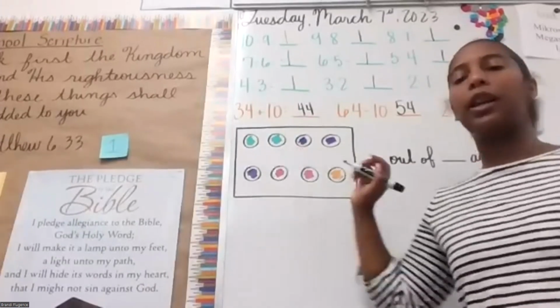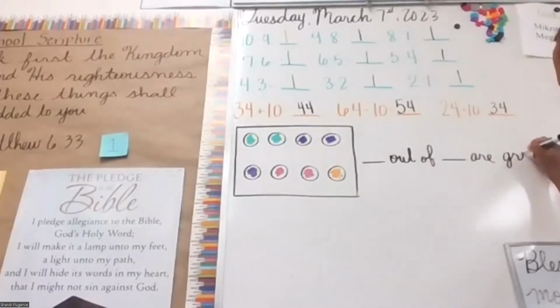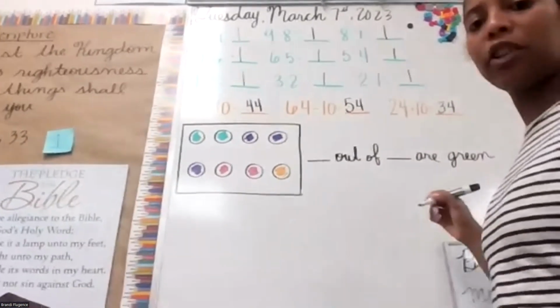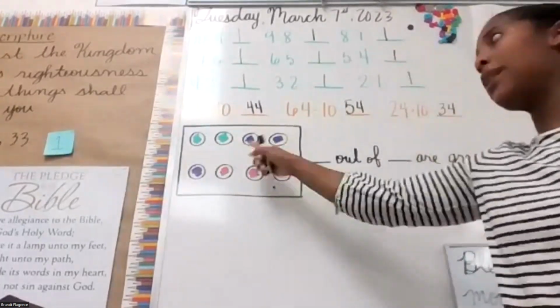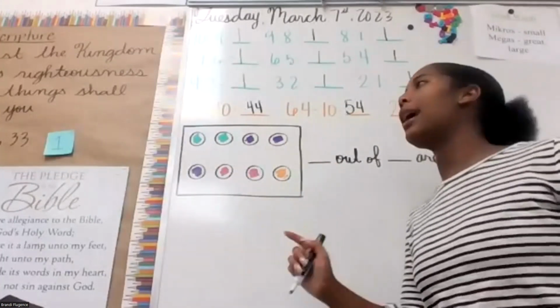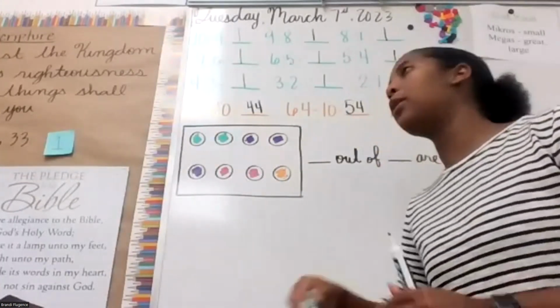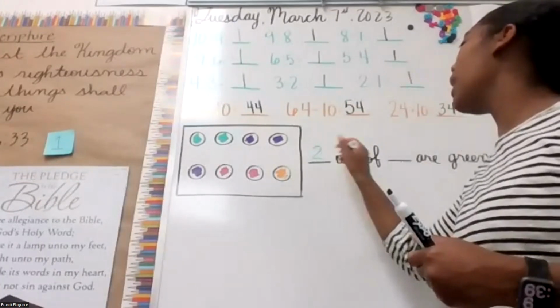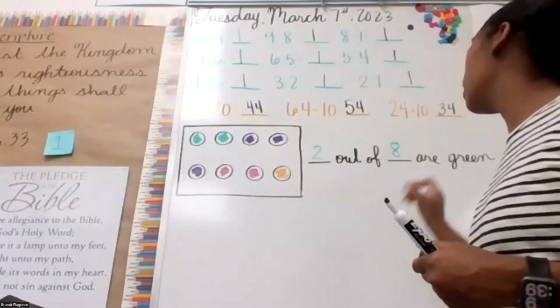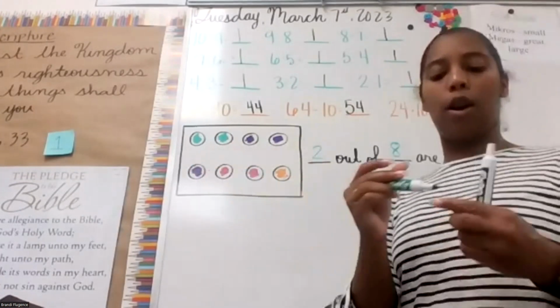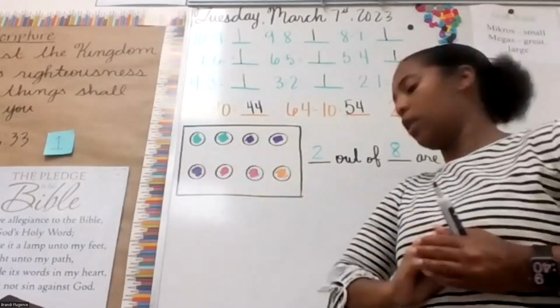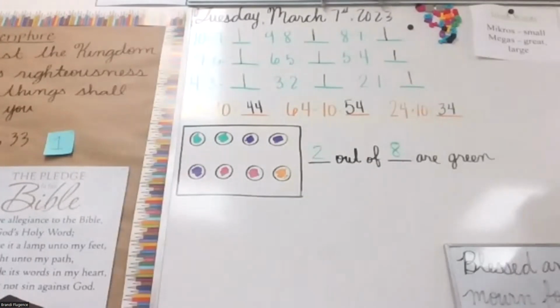So we'll start with green. I want to figure out the fraction of marbles that are green. How many are green? 2. How many do I have total? 8. So when I write that, I put 2 out of 8 are green because only 2 out of the 8 total are green. Do you see that?